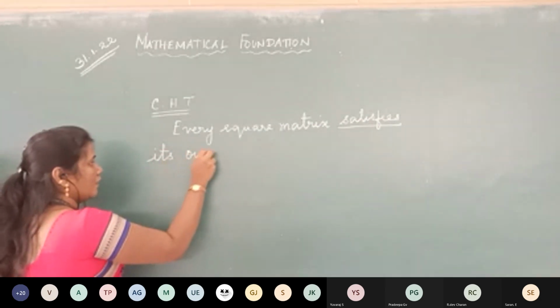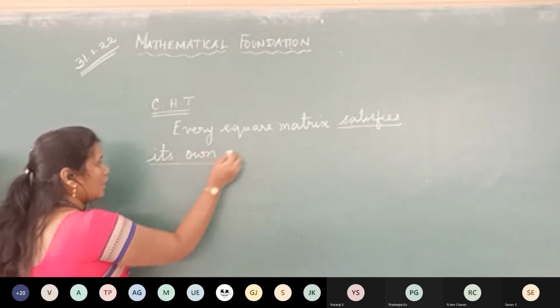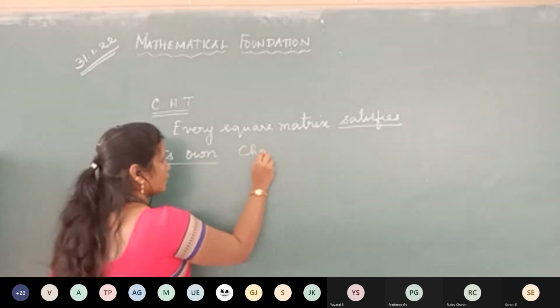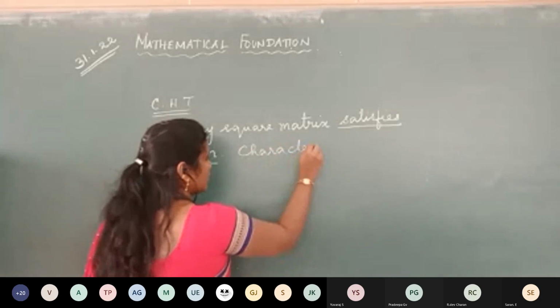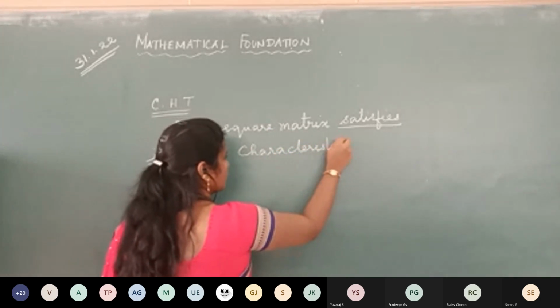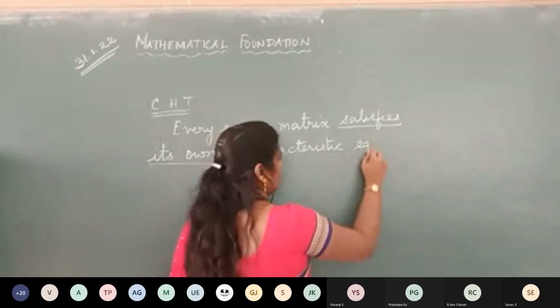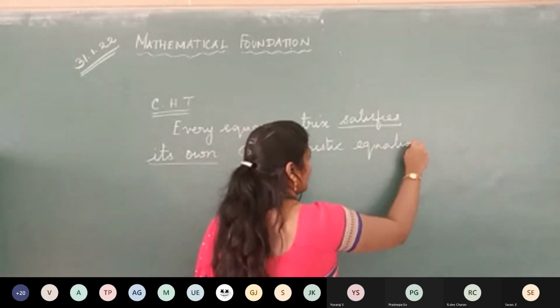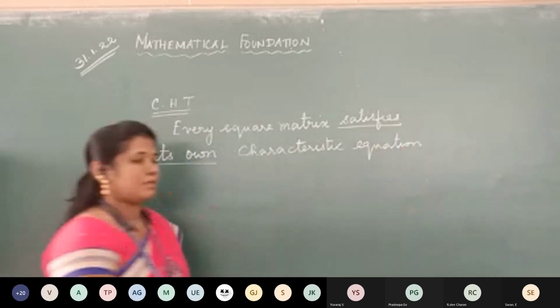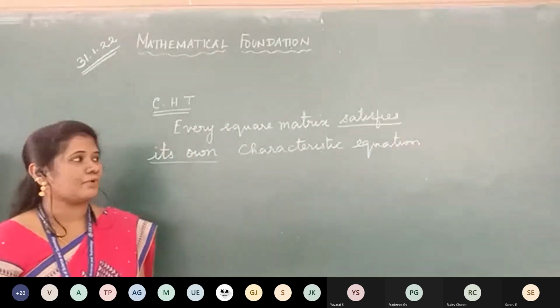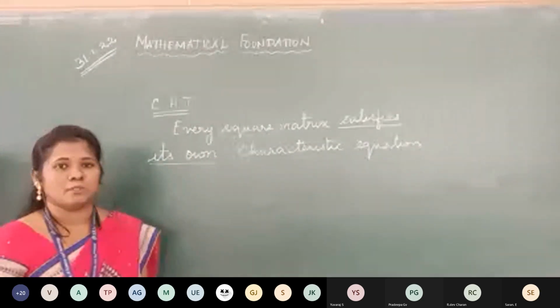Everything is very important. Characteristic equation, you know how to find out. For a 2 cross 2 equation means what? For a 3 cross 3 equation means what, you know. So your Cayley-Hamilton theorem statement is every square matrix satisfies its own characteristic equation.